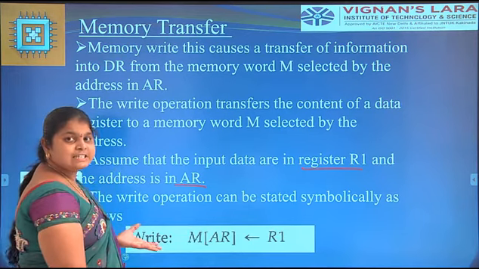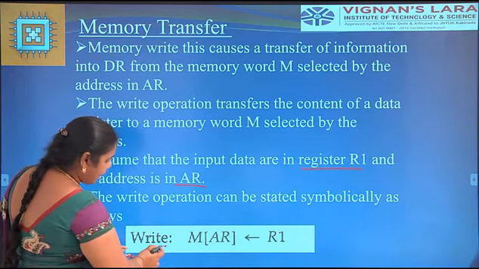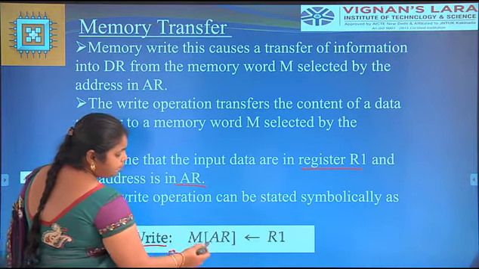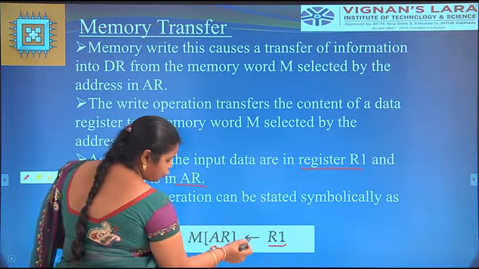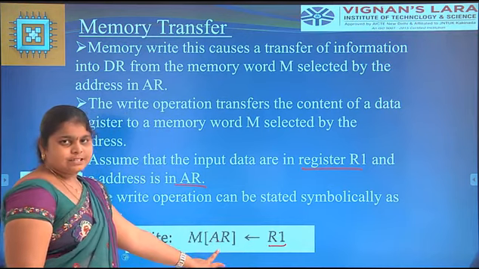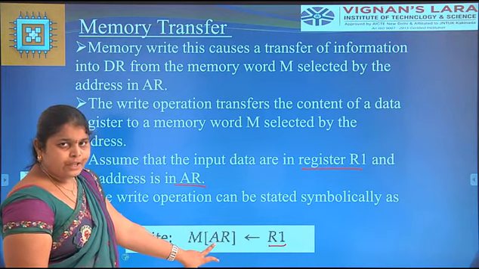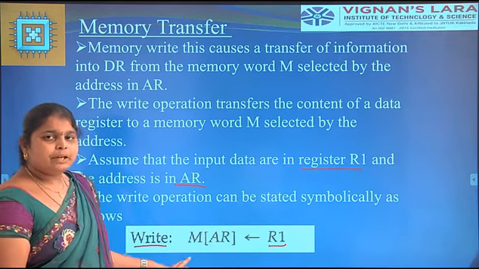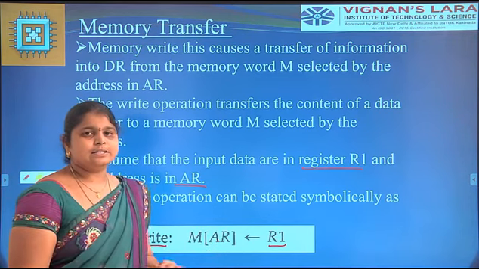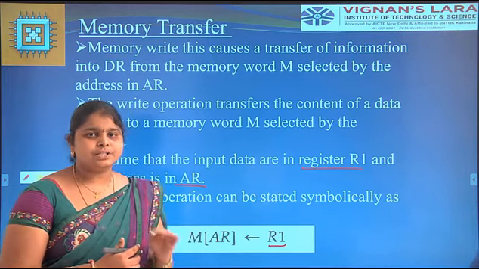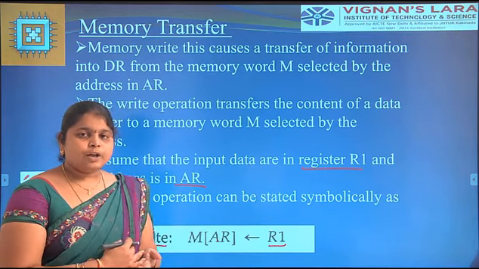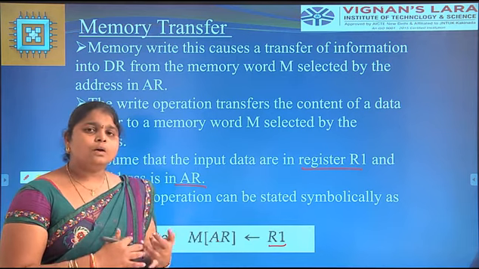Here, in the previous read operation we took read. Here we take write M AR. This R1 register information is stored in the memory word addressed by the address register. This is the representation of the write operation. Memory transfer consists of two ways of transferring information from one register to another register: read operation and write operation.